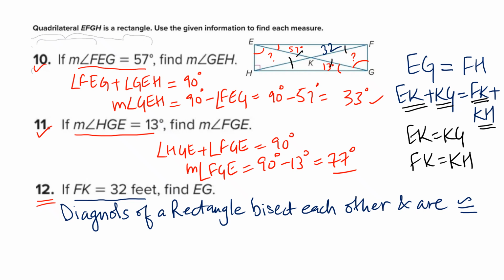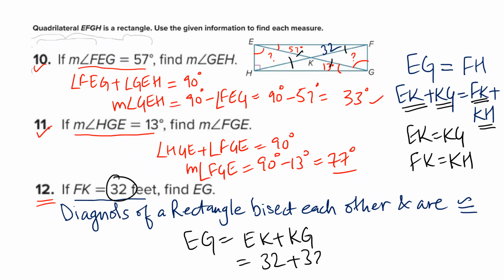Yes, that's true. And if that is true, then the big diagonal EG will be equal to EK plus KG. And both are also equal. One measure is given to be 32. So the other is also 32. So just add them. And the value of EG, the diagonal, will come out to be 64 feet.